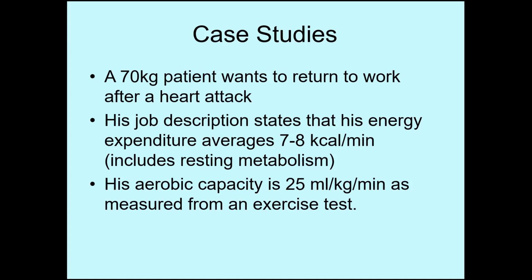Then multiply it by body weight, which is 70, and I get 1.75 liters per minute as the absolute VO2. Then multiply that by 5 to get kcals per minute: 1.75 liters per minute times 5 is 8.75. So his capacity, his max, is 8.75 kcals per minute.